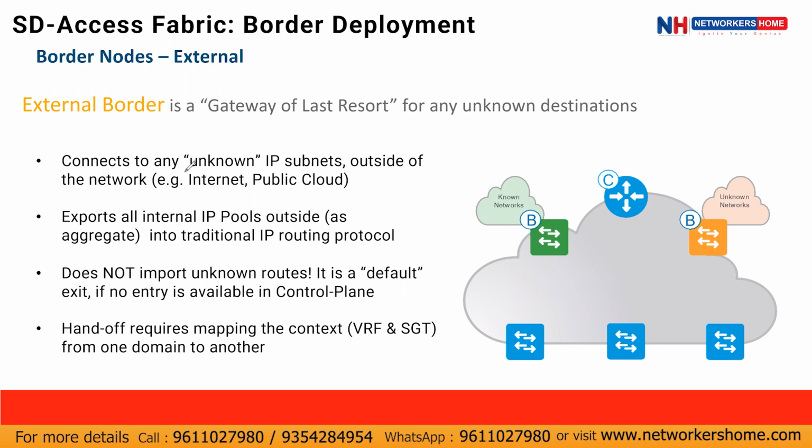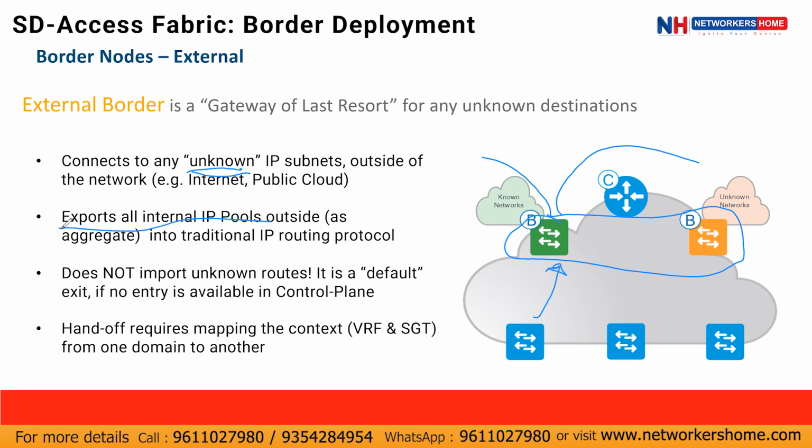External border connects to the unknown IP subnets outside of the network. Now, if they are known networks, it won't go to the external border. It would go to the internal border. If these are just assigned both roles, obviously it would come to this router, and depending on the connectivity, it will forward it to either known or unknown or the internet.